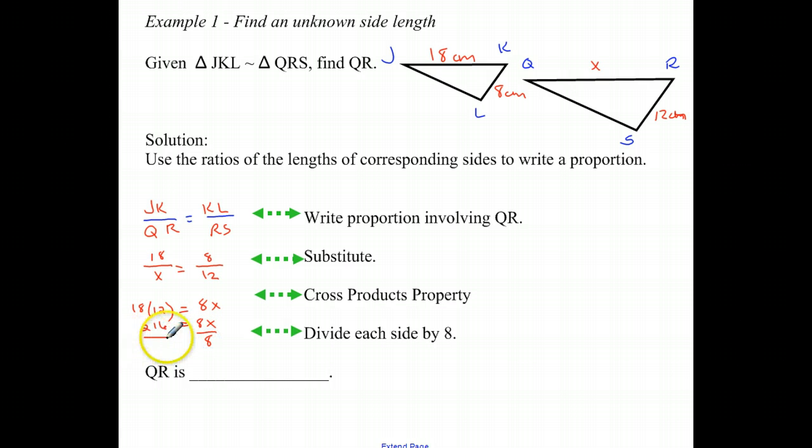I'm going to divide both sides by 8 to solve and get x equal to 27. So to answer the question fully, I would say that QR is 27 centimeters.